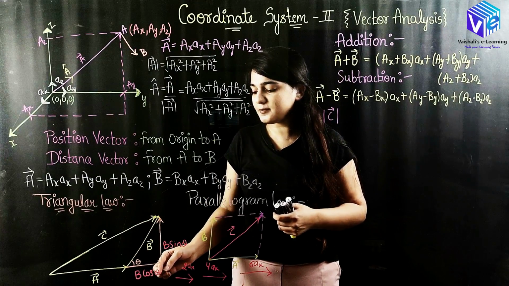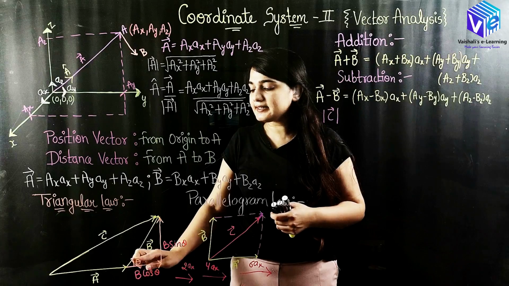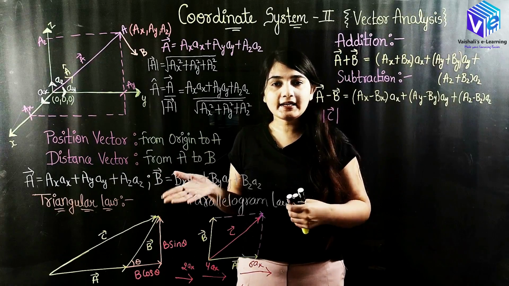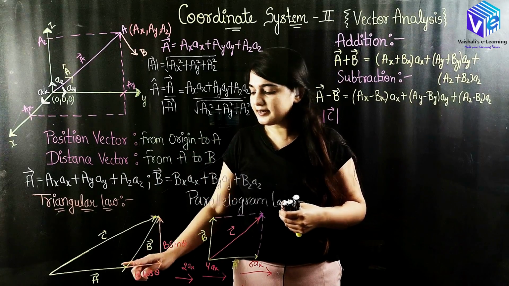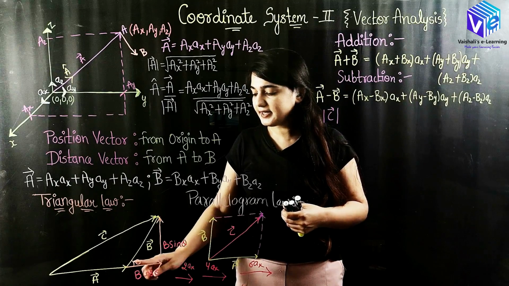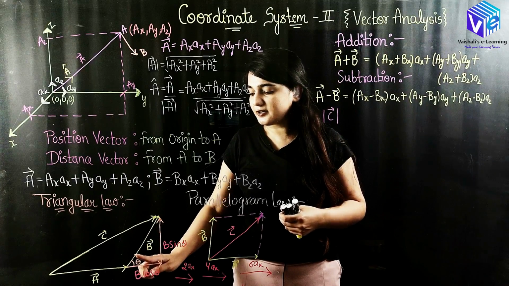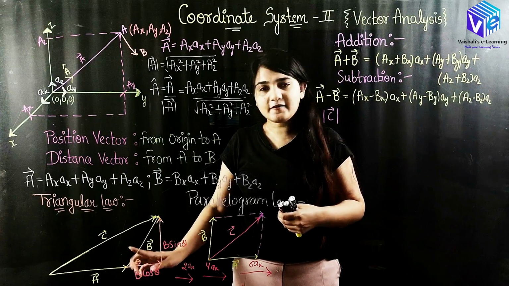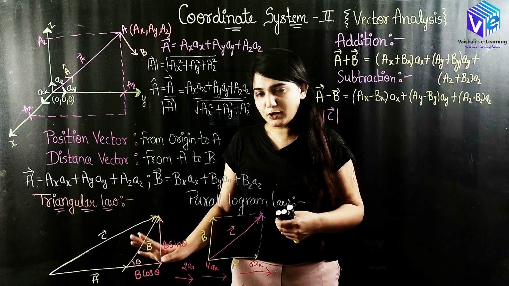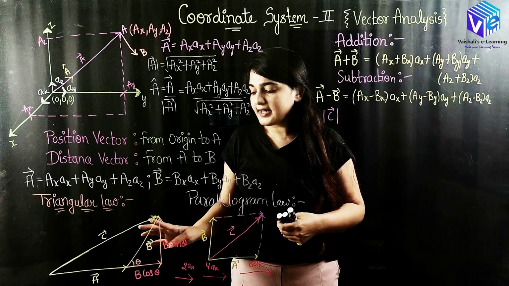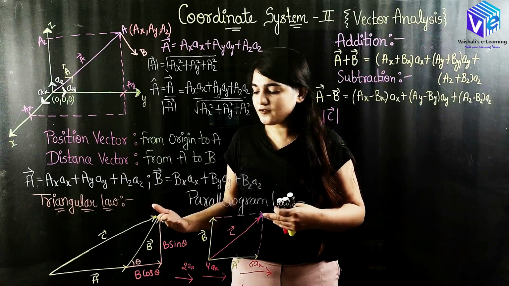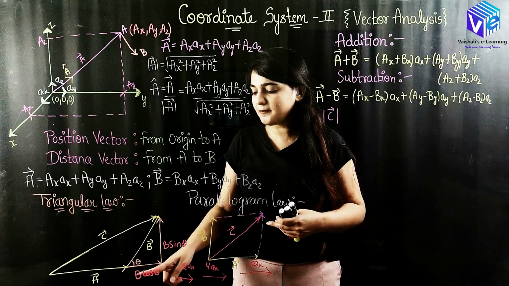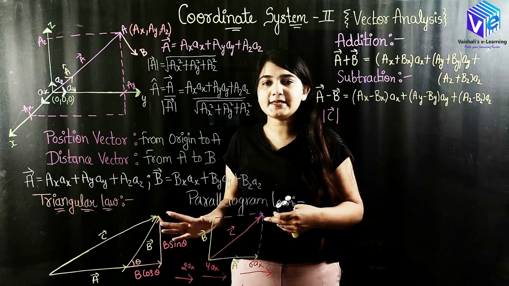The first component is b cos theta because the angle is theta over here. The theta angle is the angle between the vector a and the vector b. If I extend the vector a and this is the vector b, this theta is the angle between them. I hope now you can see that. Now if I extend the two components of the b vector, here I will have b cos theta, and here I will have b sin theta.